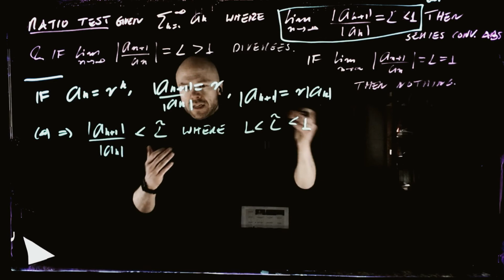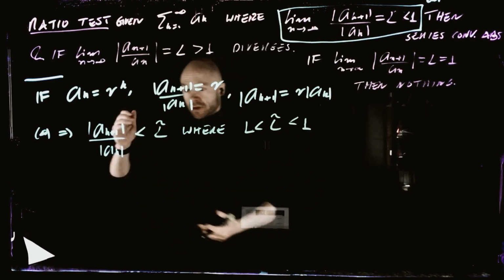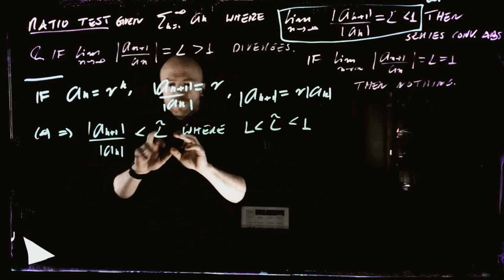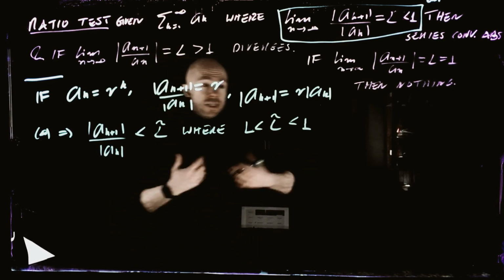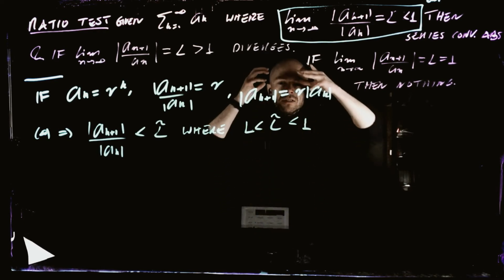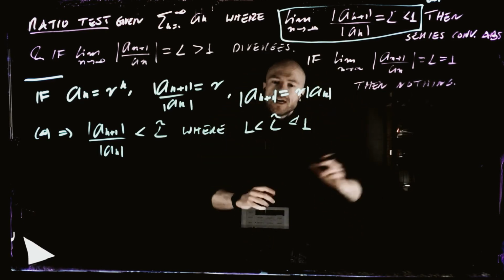That's the definition of limit. Just draw the picture, you'll see this for yourself. And therefore, each one is some fraction of the one that came before it, which means that it is going down to 0 at a rate which is like a geometric series, or perhaps even faster than a geometric series.